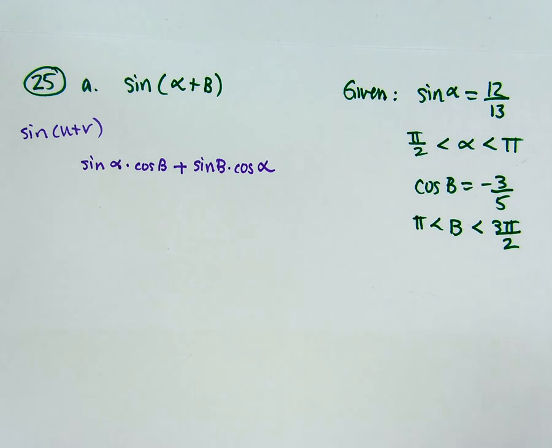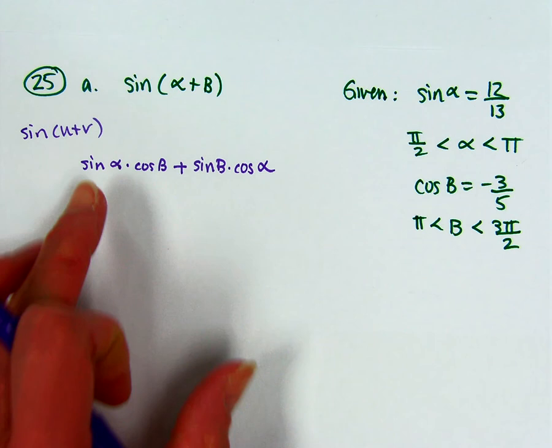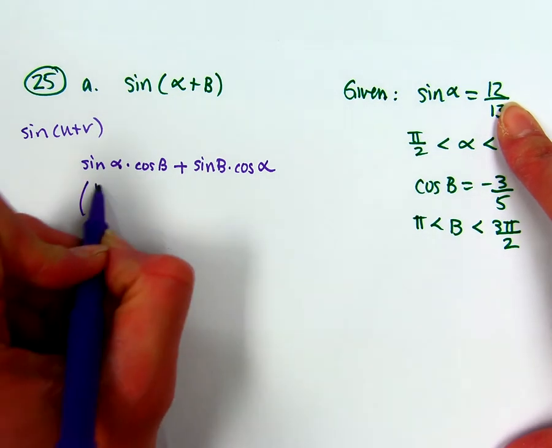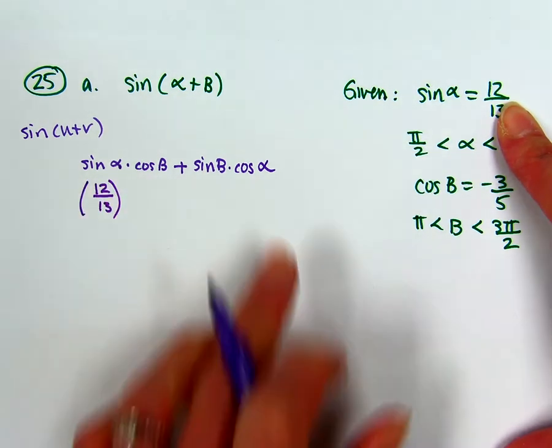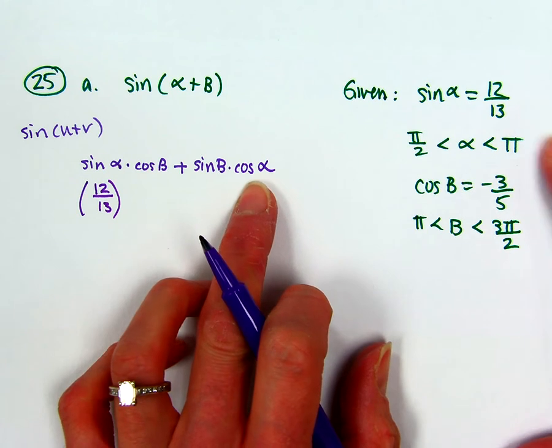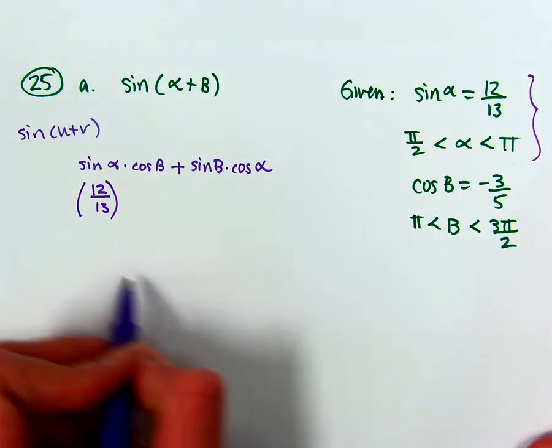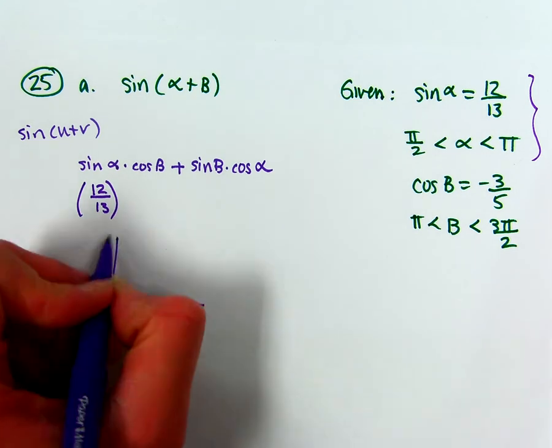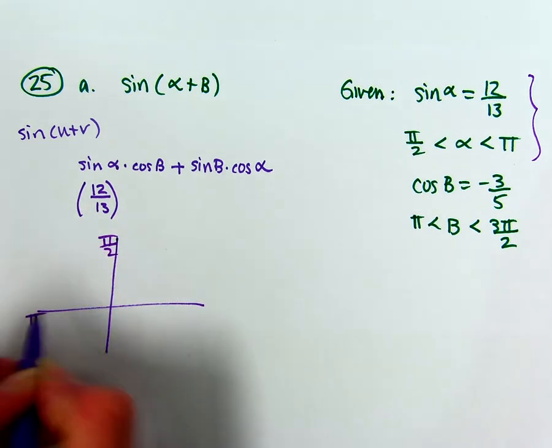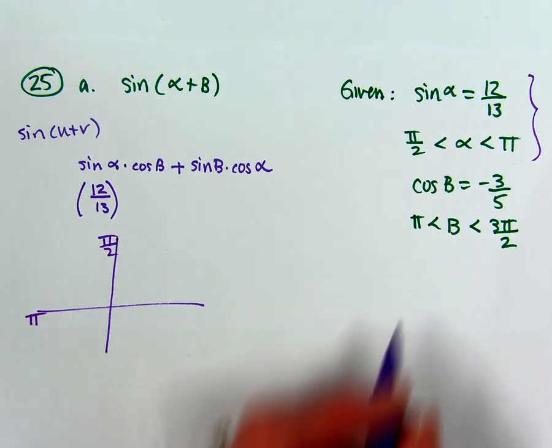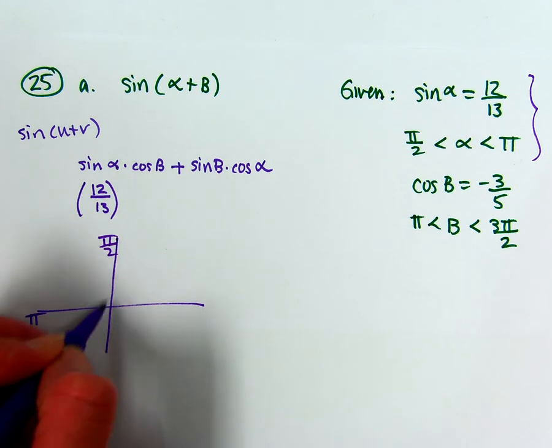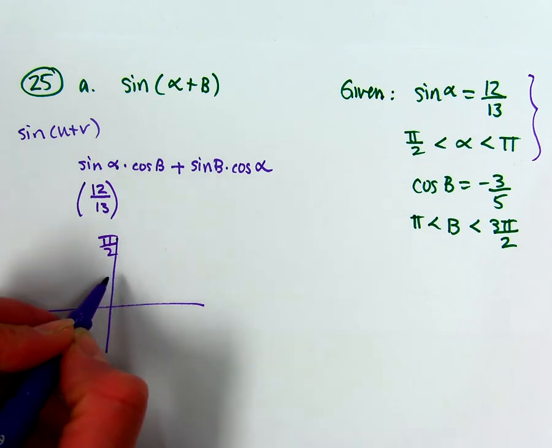Okay, so some of this information we already know, right? Sine of alpha, we know that's 12 over 13. But cosine of alpha, we don't know, so that's where you have to look at the given information. Okay, so which quadrant is this referring to? Well, pi over 2 is here, pi is here, so it must be talking about quadrant 2. So draw yourself a triangle. Let's even just think about it on the unit circle.